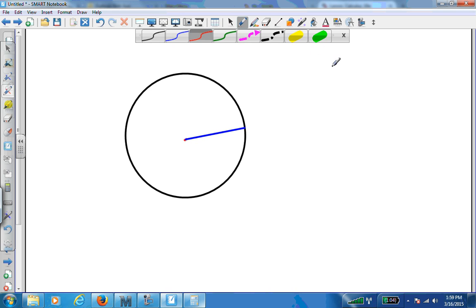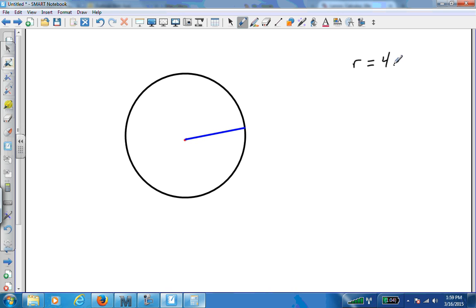But let's suppose that I measure the radius to be 4 inches. But I could have some error in that measurement. I could have a 32nd of an inch of error in my radius measurement.